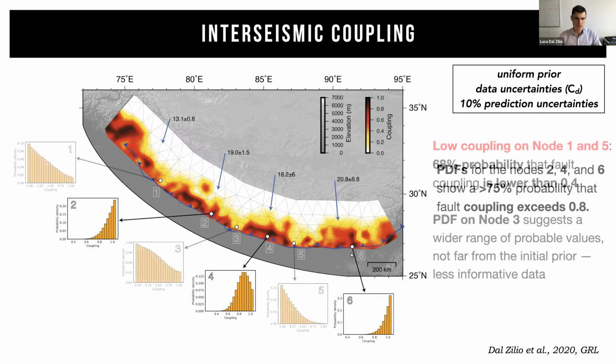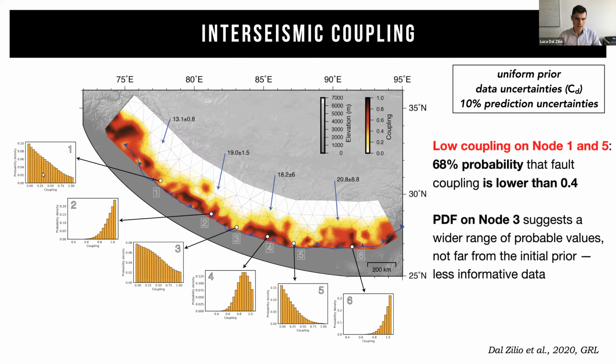Now, if you instead look at points 1, 3, and 5, you can see that for point 1, we have a low coupling distribution, and the probability is still significantly high.